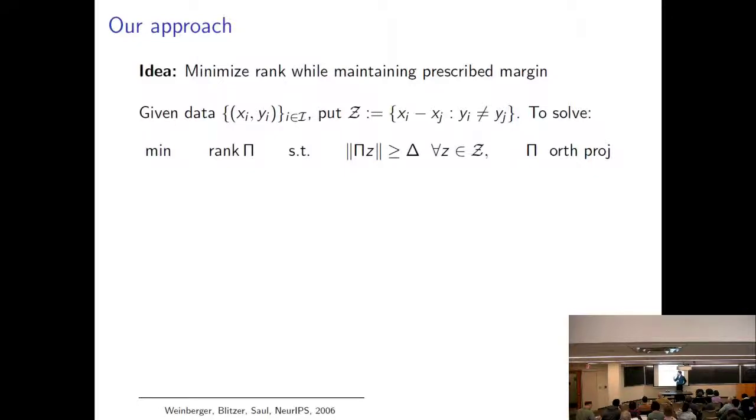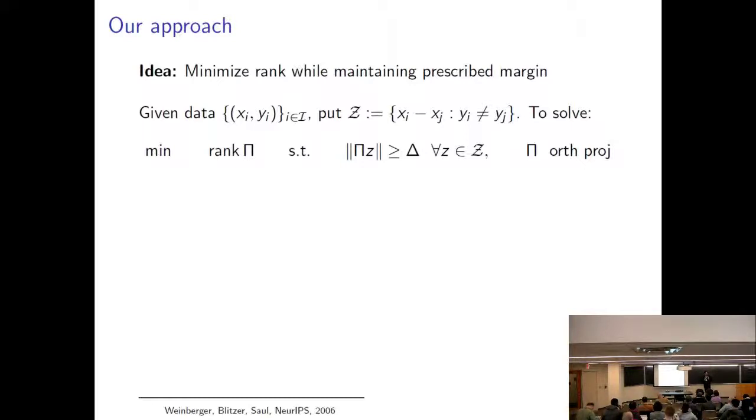Z is going to denote the difference set, the set of all differences between points from one class and points from another class. After projection, we want members of the difference set to not get too small.